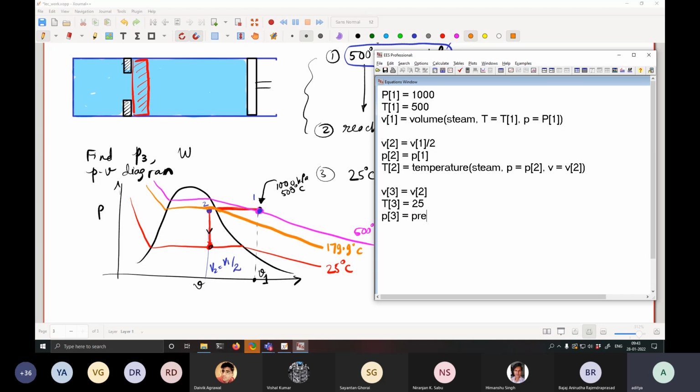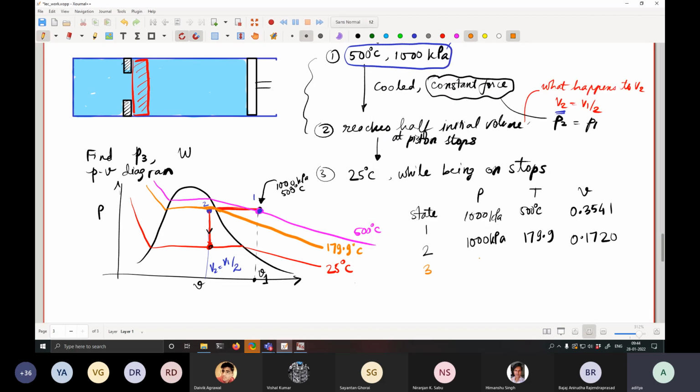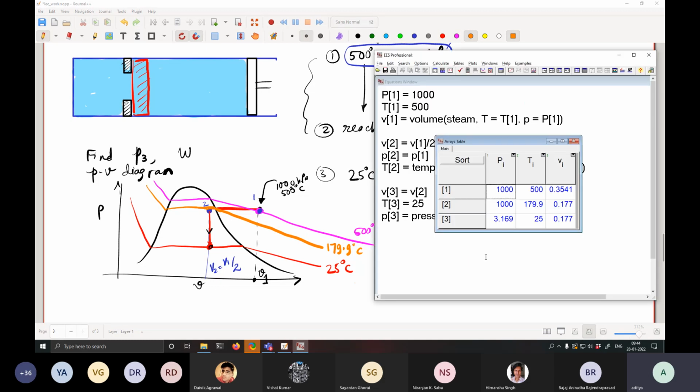P3 is pressure, steam, T equal to T3 and V equal to V3. Let's see what it is. P3 comes out to be 3.169 kilopascal. That's a very low pressure, but that is in fact the correct answer.